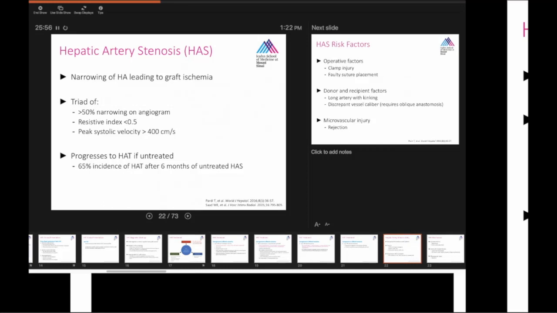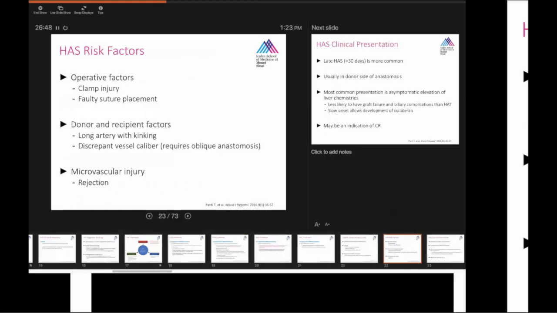If untreated, sometimes it progresses to HAT. The reason is that if you have sluggish flow, then you have blood stasis and you could form HAT. The incidence of HAT after 6 months of untreated HAS is about 65%.